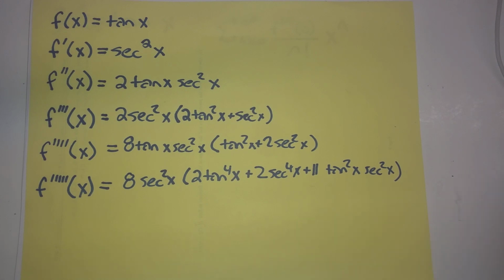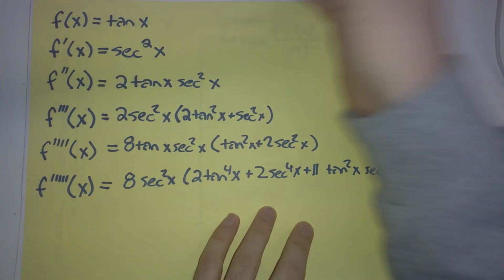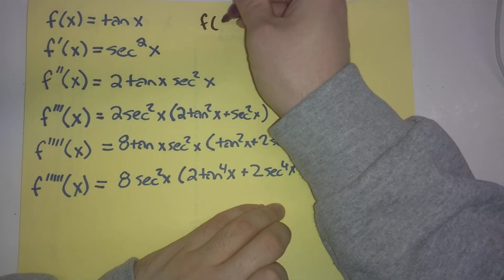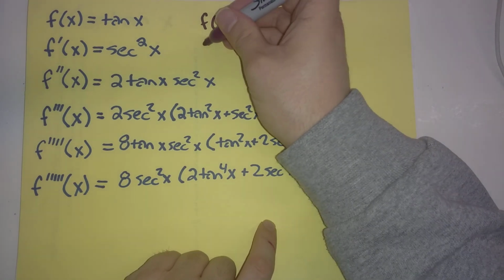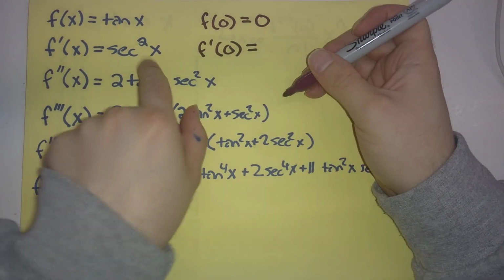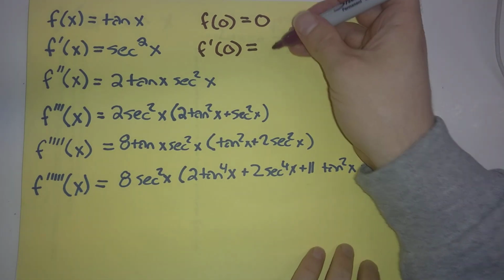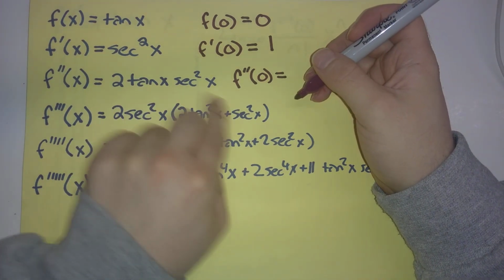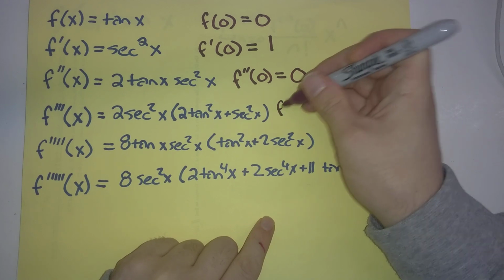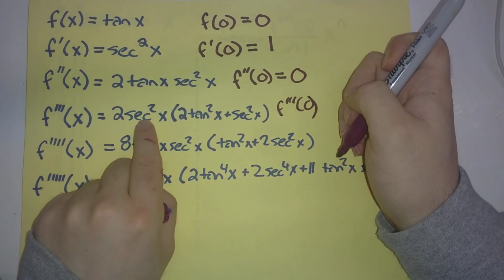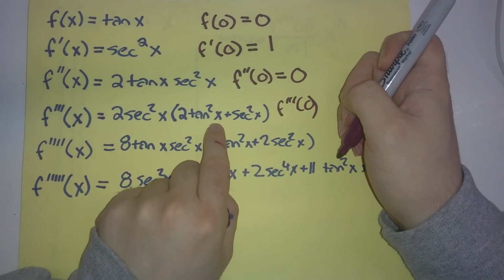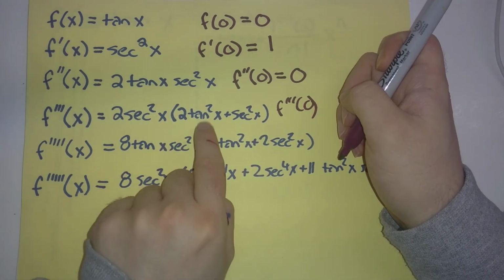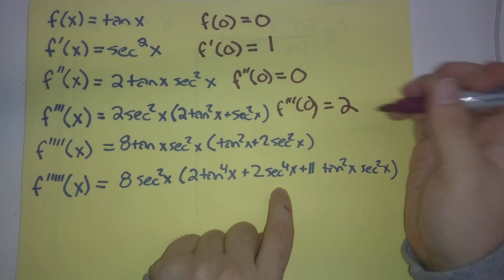But if we've already done this, we care about evaluating at 0. f of 0, tangent 0, is 0. f prime of 0 is secant squared of 0, which is 1. f double prime of 0, 2 times tangent 0, is 0. f triple prime of 0: secant 0 is 1 and tangent 0 is 0, so we end up with 2 times 1 times 0 plus 1, that's 2.